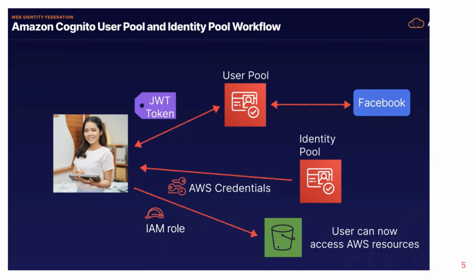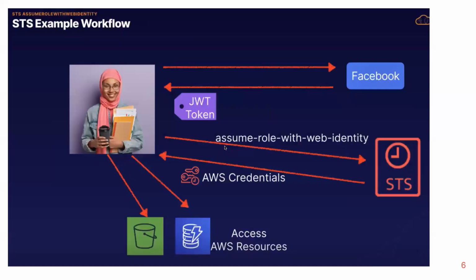Based on that token, the server will understand that she is that particular user and she has purchased so-and-so gifts before, so she is eligible for some discount and things like that. So that is pretty much about this flow of Web Identity Federation or social login.